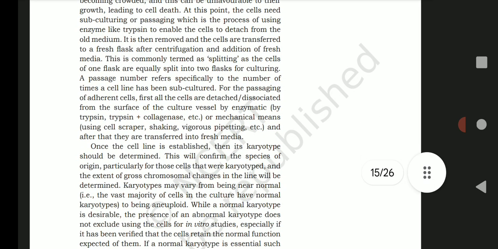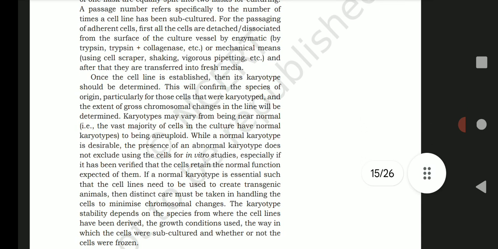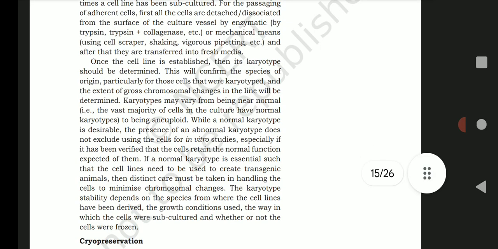Once the cell line is established, the karyotype of the cell has to be determined, and the karyotypes vary from normal. The majority of the cells in the culture do not have normal karyotypes and are called aneuploid. When the normal karyotype is desirable, the presence of abnormal karyotypes has to be eliminated for use in in vitro studies.